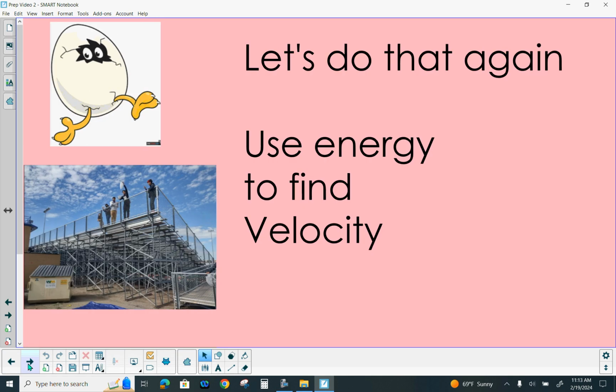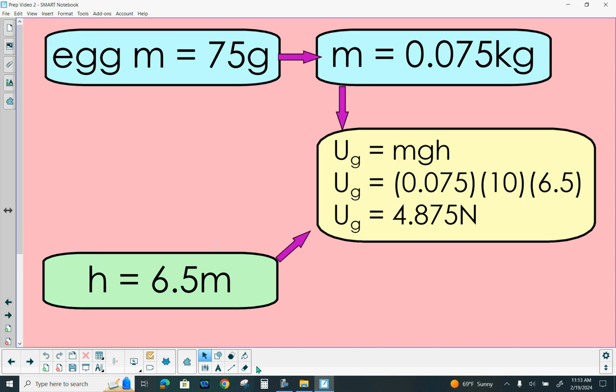Let's do it again with the new numbers and see if we can figure out the velocity. So we have to have the mass converted to kilograms. So 75 grams is 0.075 kilograms. We'll say that we're dropping it from a height of 6.5 meters. We use this information to figure out the potential energy at the top.